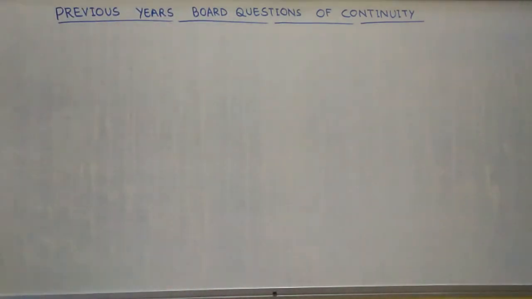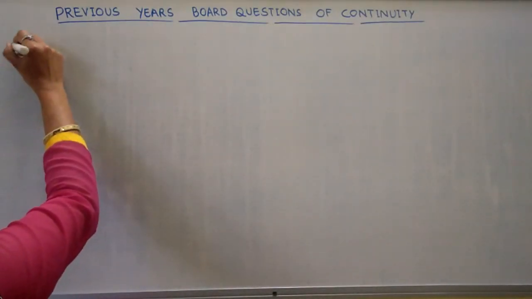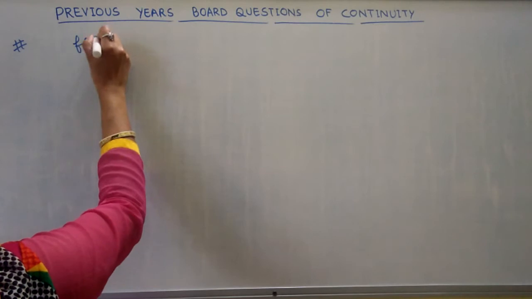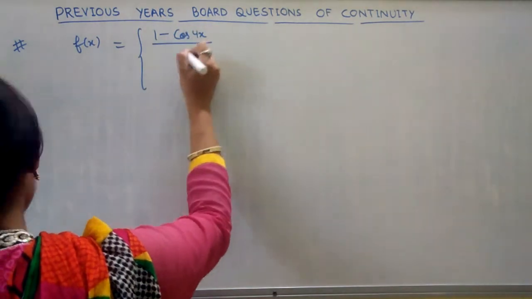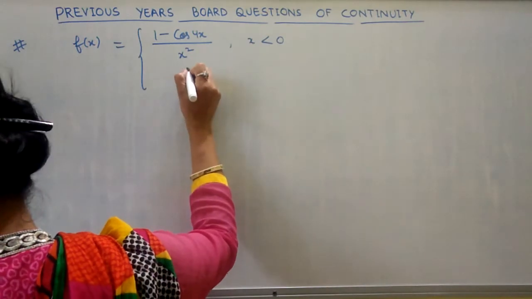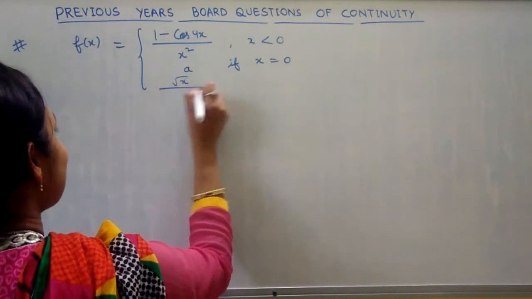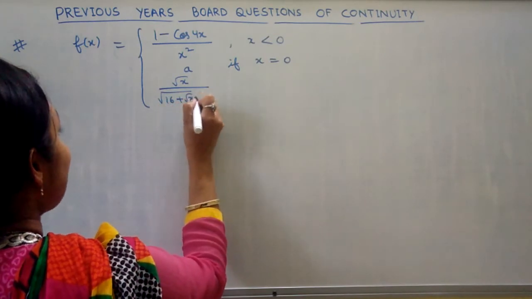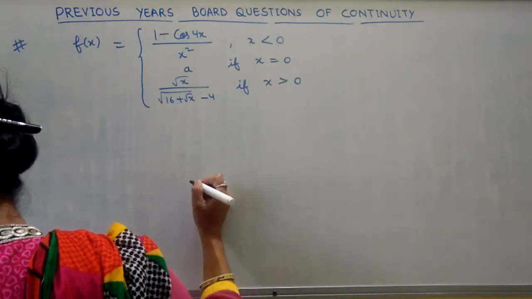Question is that f(x) is defined as (1 minus cos 4x) divided by x square if x is less than 0, and a if x is equal to 0, and the third one is root x divided by (root of 16 plus root x minus 4) if x is greater than 0.